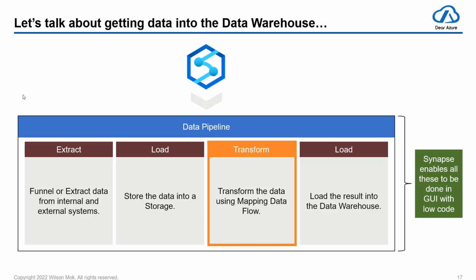So I want to expand a little more on the data transformation step here, because there are a lot of different tools that we can use for data transformation. Surely you have heard of things like SSIS. You can use that. You can use Databricks, or also Synapse Analytics, or even Azure Data Factory, provides something called mapping data flow. Mapping data flow is a product built on top of Apache Spark to process our data.